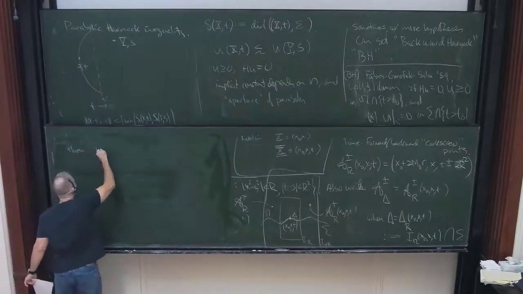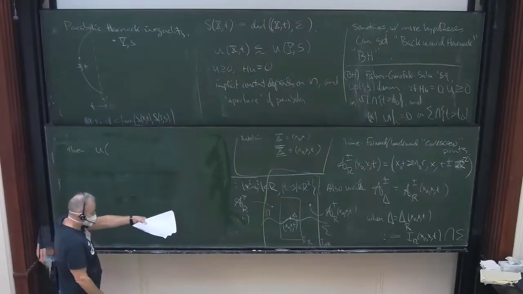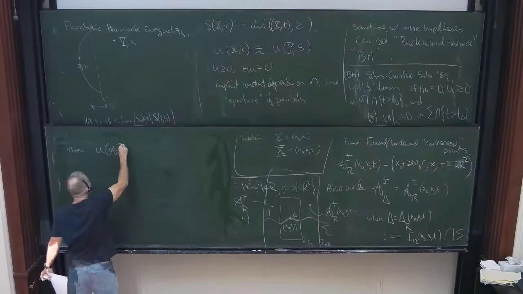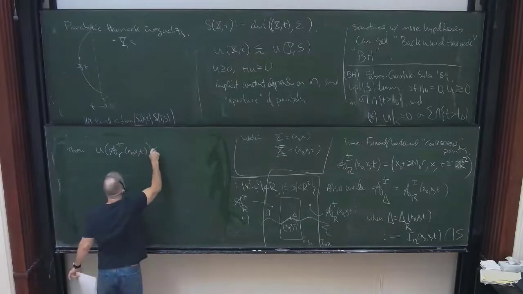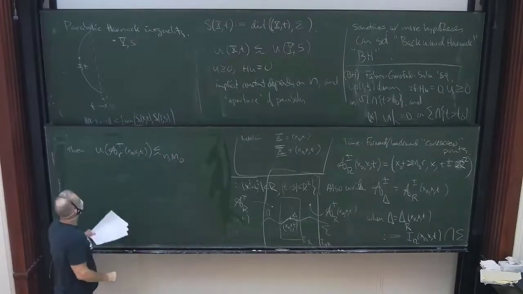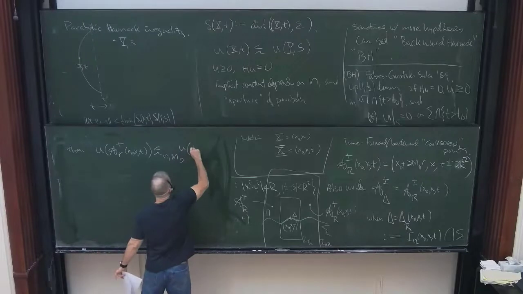Then, in fact, we have that u of the time forward point is less than or equal to, with implicit constants depending only on n and the Lip 1/1/2 constant M naught, times u of the time backward point.